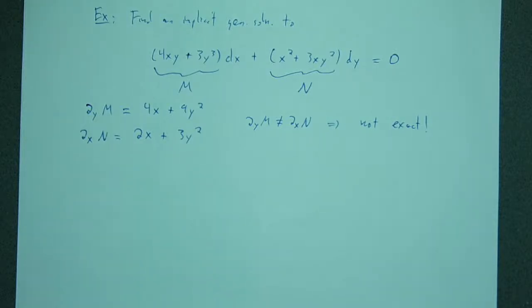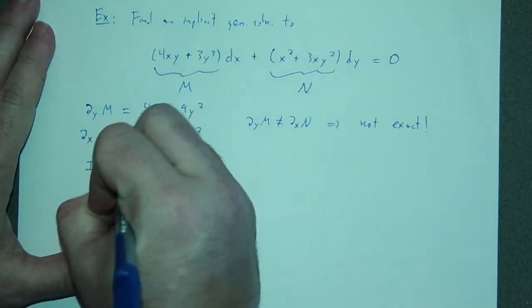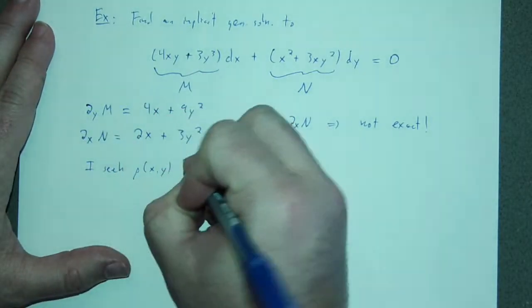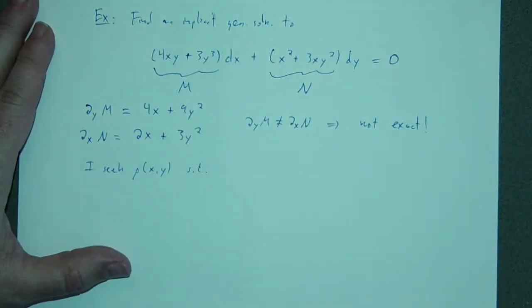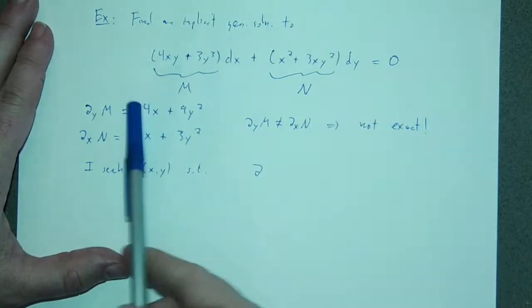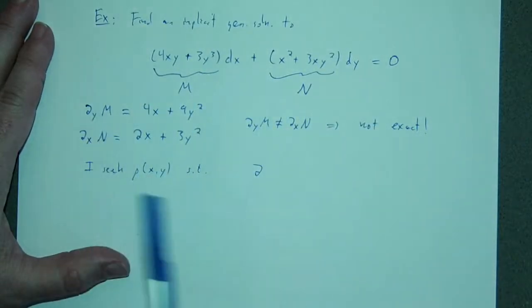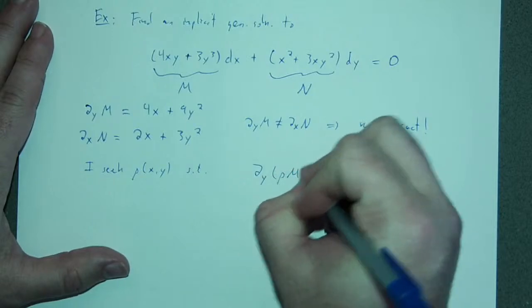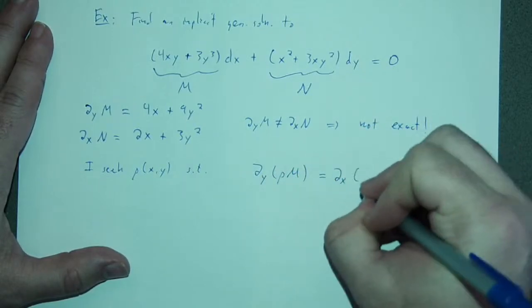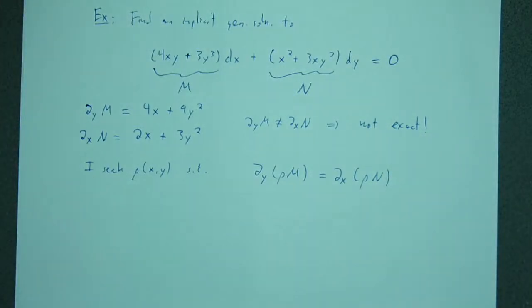Okay. All right. So, what do I do? Well, thus I seek rho of xy such that I force this thing to be exact once I multiply by rho. So I want a rho such that the y partial of rho M is equal to the x partial of rho N. Okay.